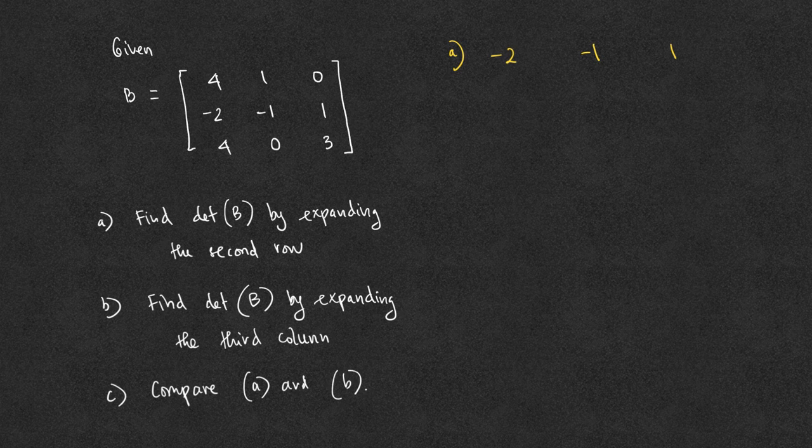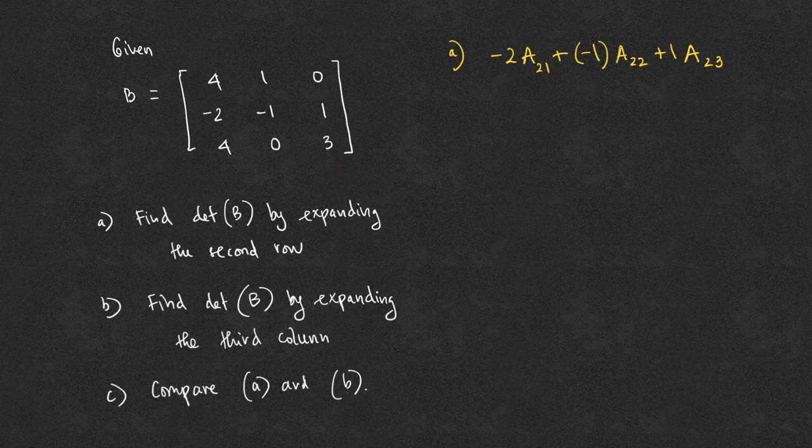So we would need to multiply by the cofactor A21, plus -1 times the cofactor A22, plus 1 times the cofactor A23. The entries -2, -1, 1 are in the second row. The first subscript is 2, and the second subscript is the first column, second column, third column.